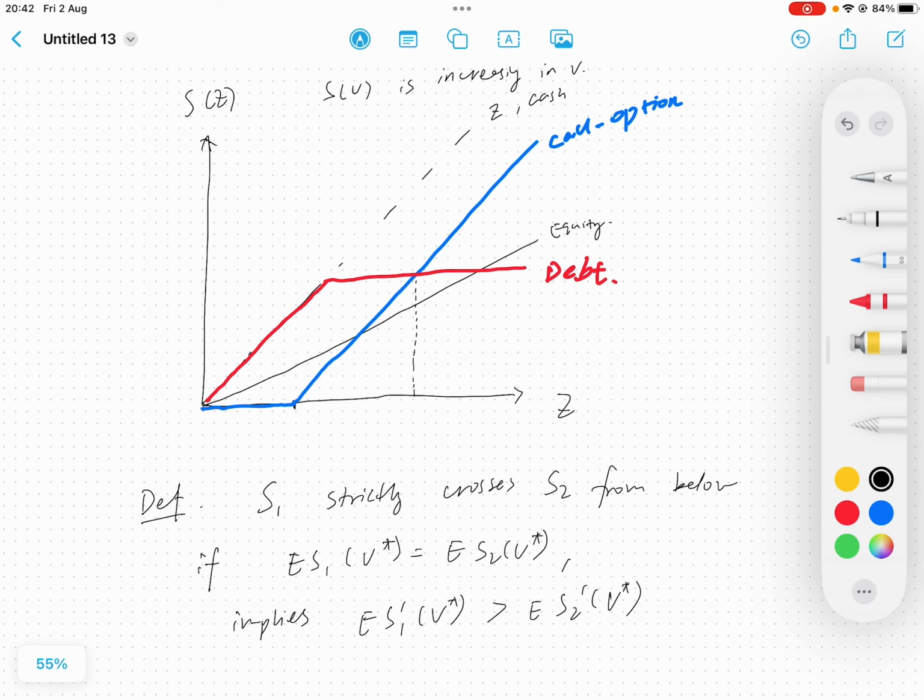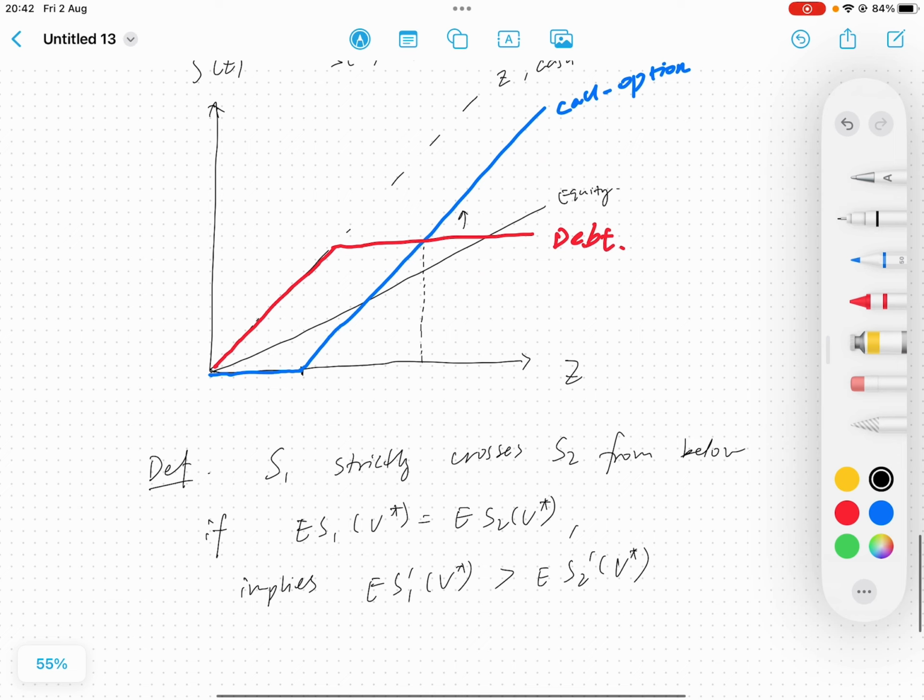Then we can see that the blue line has a bigger slope, it's steeper than the red, and they intersect here at this value. So that means S1 strictly crosses S2 here.